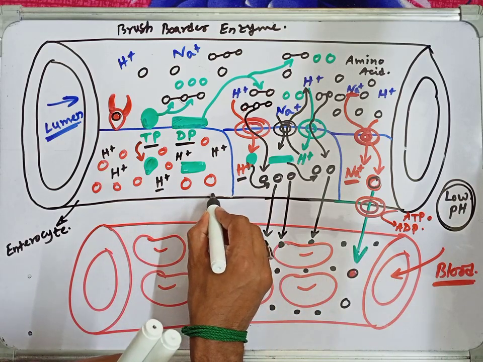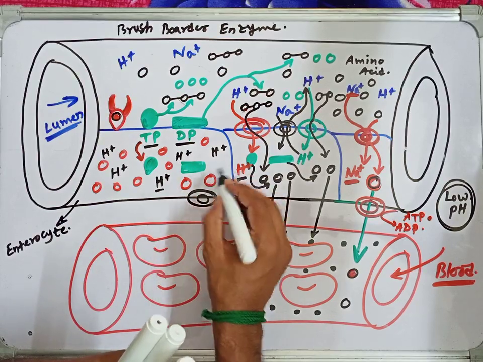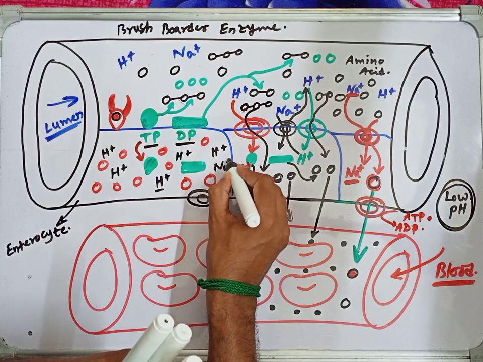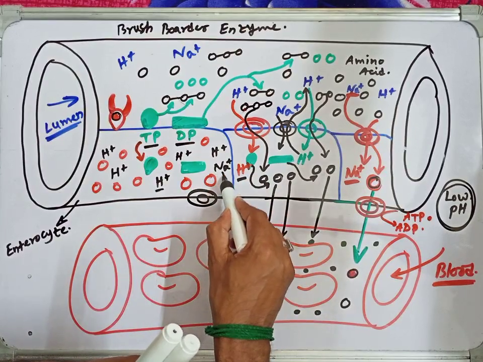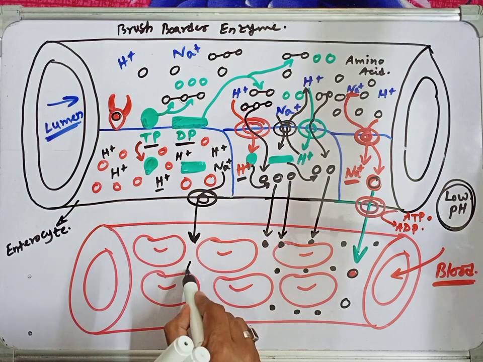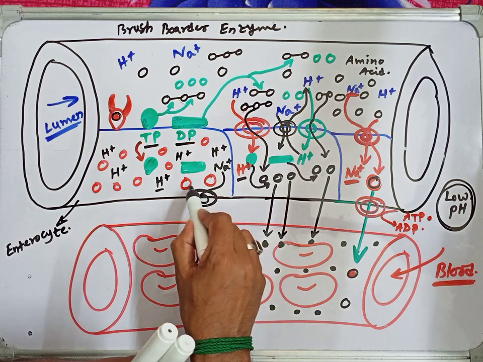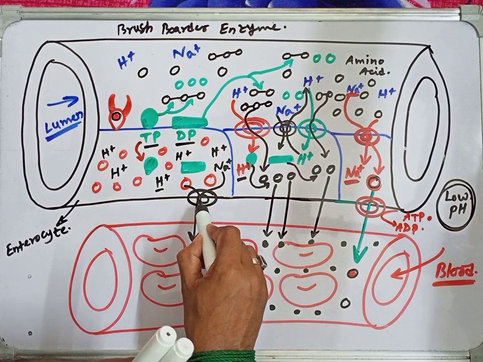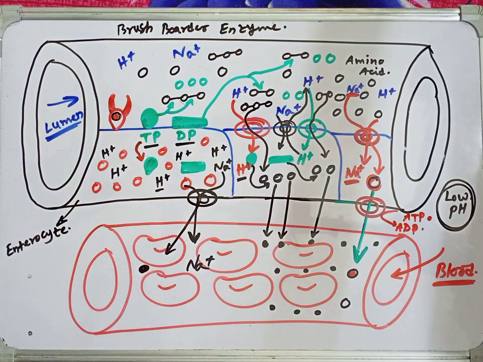Now there is another point, right? There is another transporter, that is called sodium transporter. There is also sodium present in the enterocyte cell. This sodium can enter into the bloodstream, right? And this sodium can help this amino acid to transport inside the blood as well, right?